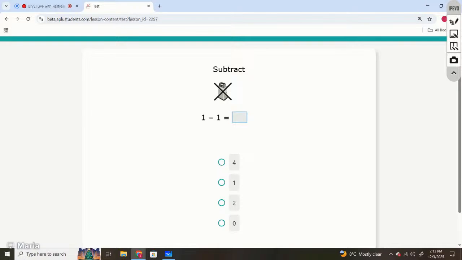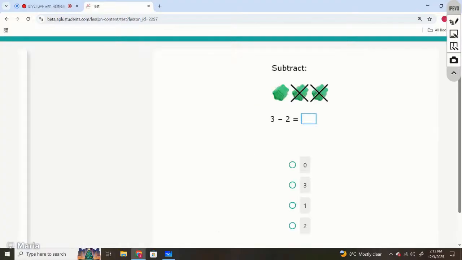One take away 1, which is the correct option? 0, subtracting a number from itself always makes a 0.